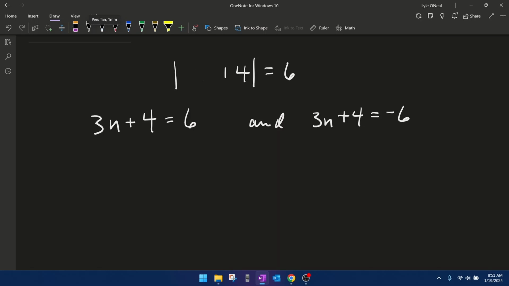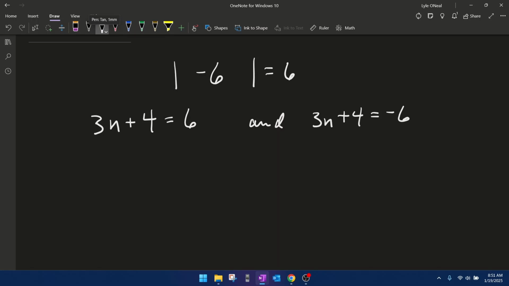The stuff inside the absolute value, if it is 6, notice we're going to get a true statement because the absolute value of 6 is 6. So this would produce a solution.